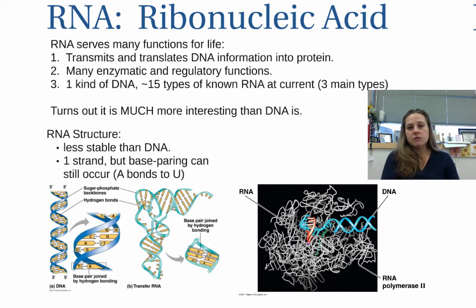It translates the information from the DNA out to the ribosome for protein function. It also carries regulatory functions as well as some enzymatic functions. So there's only one kind of DNA, yet there are around 15 types of known RNAs at current time that you can bust down into about 3 main groups, which is really neat.